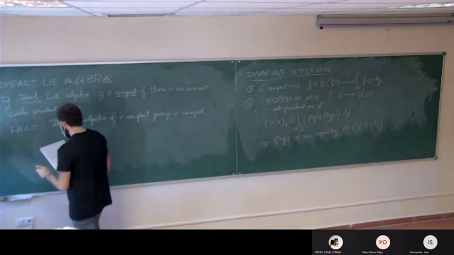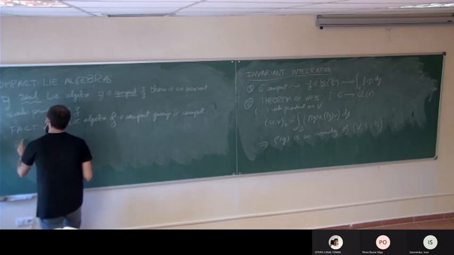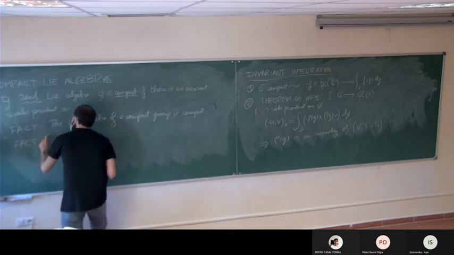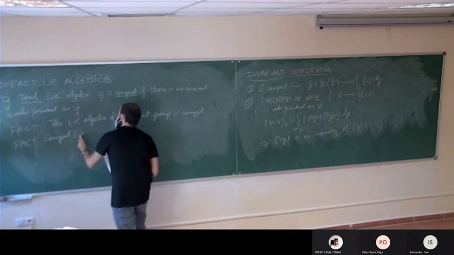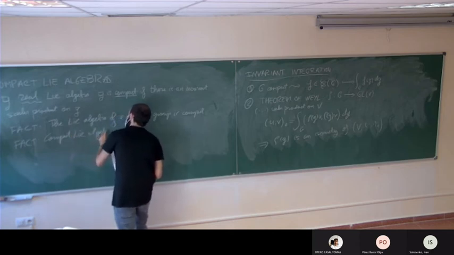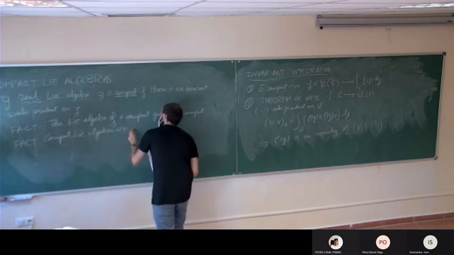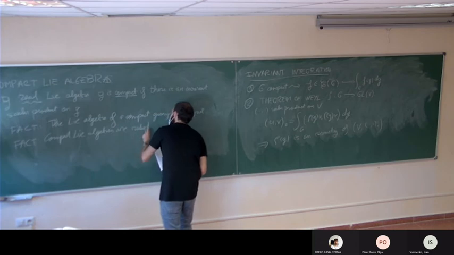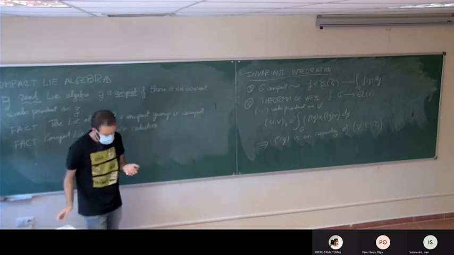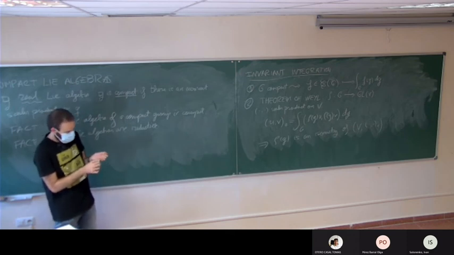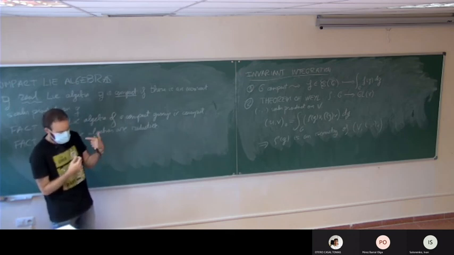Another fact is that compact Lie algebras are reductive. The proof is exactly the same as with matrices invariant under conjugation and transposition.